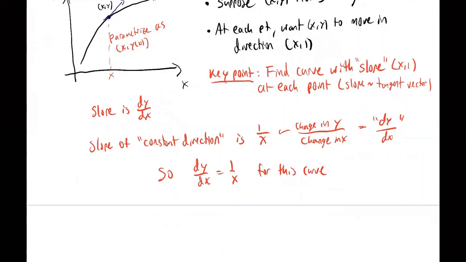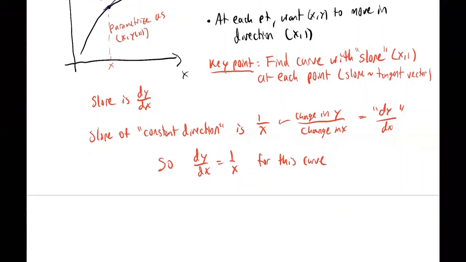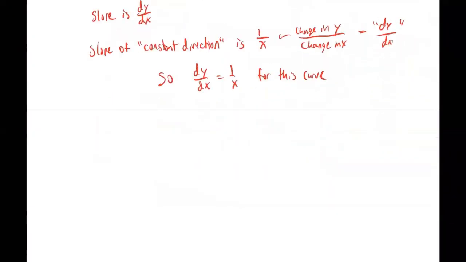This is a relatively easy ordinary differential equation that we can solve, because remember now y is just a function of x. y is whatever you get by parameterizing the curve, and on the right-hand side I have another function of x. So I really just have to take antiderivatives. You don't even need to use any of what you learned in the ODE classes you've taken.